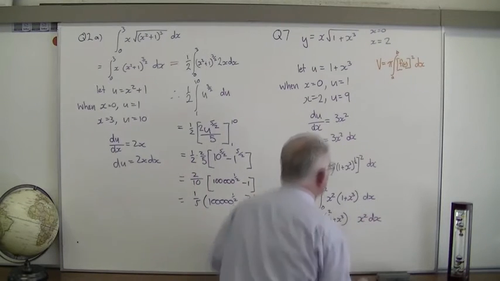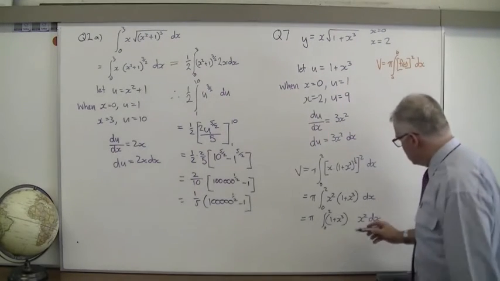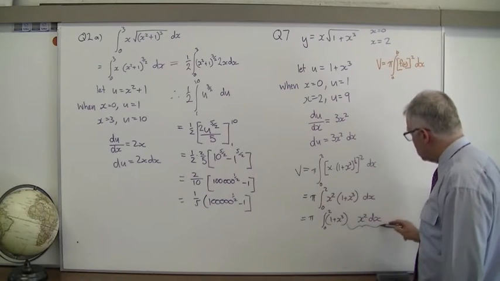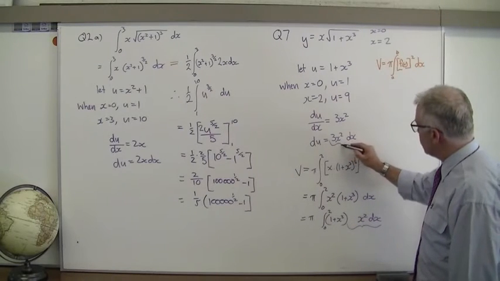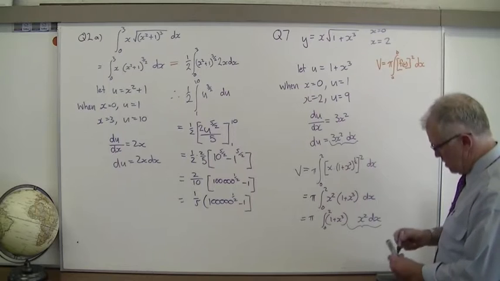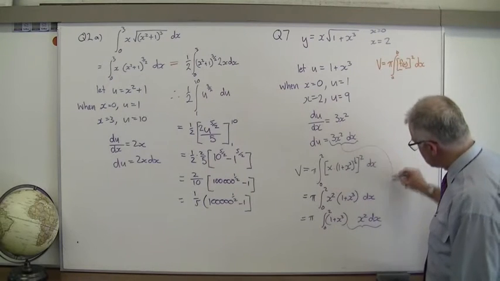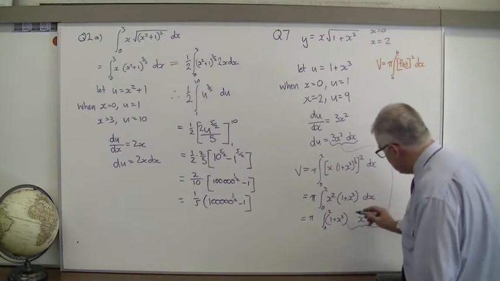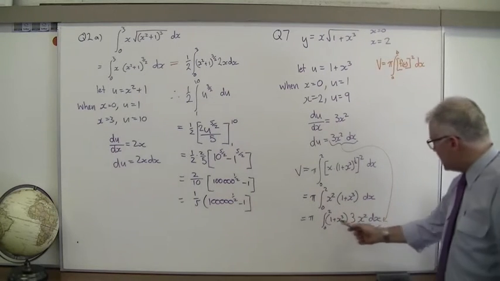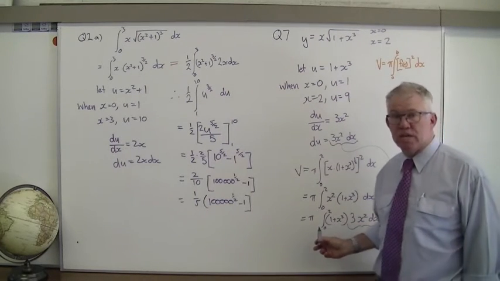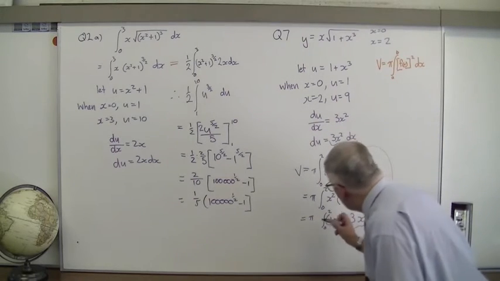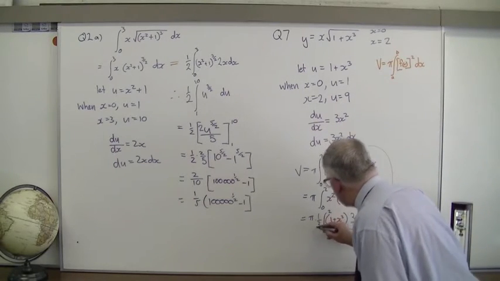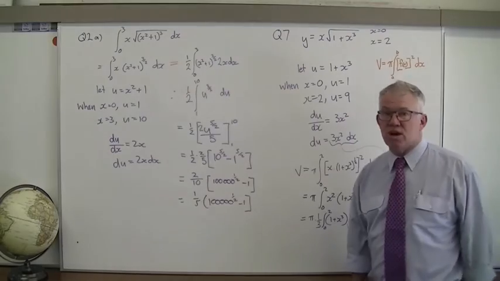Now what I want is I want this whole bit here to look like that whole bit there. Those two things need to look the same. So I'm going to put a 3 in here, but I've just made that whole expression 3 times bigger than it originally was. So I put a 1/3 out the front, which brings it all back down to size again.